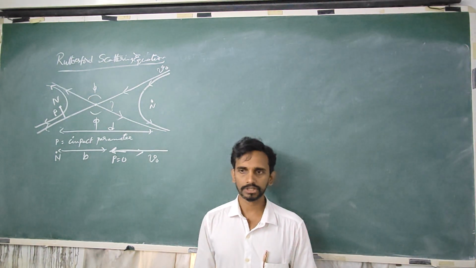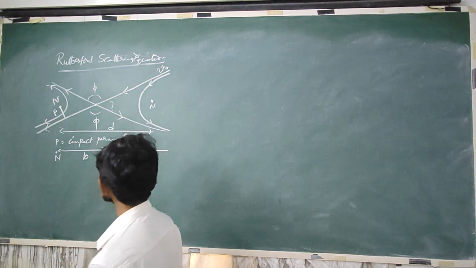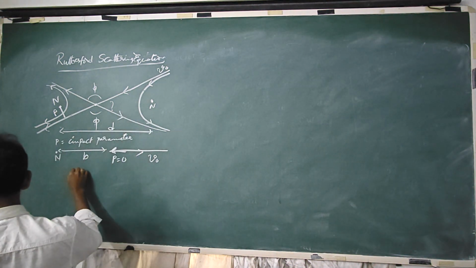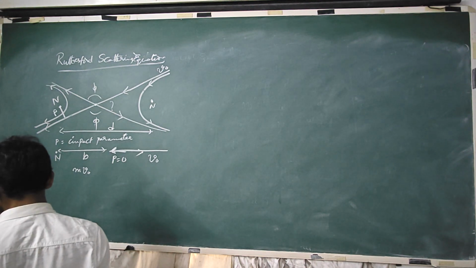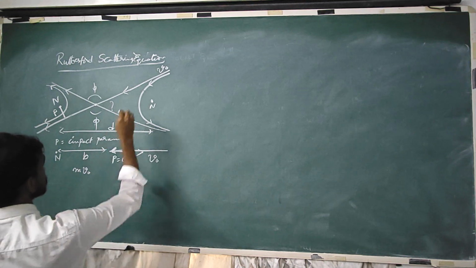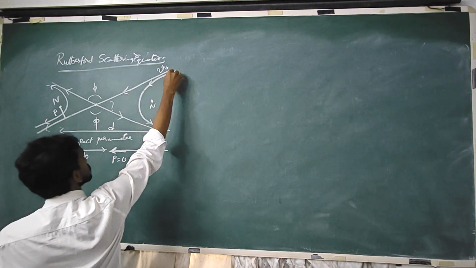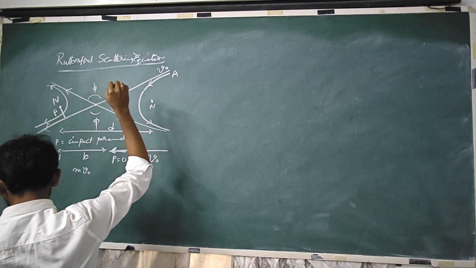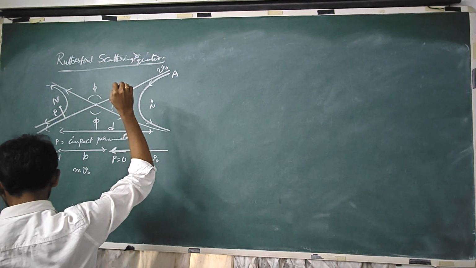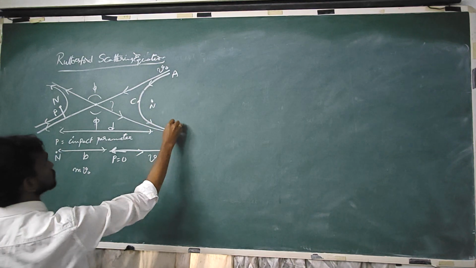Since there are no external forces involved, we can apply conservation of momentum. In the first case, conservation of momentum at point A and at point C. So this is point A, this is point C and this is point B.